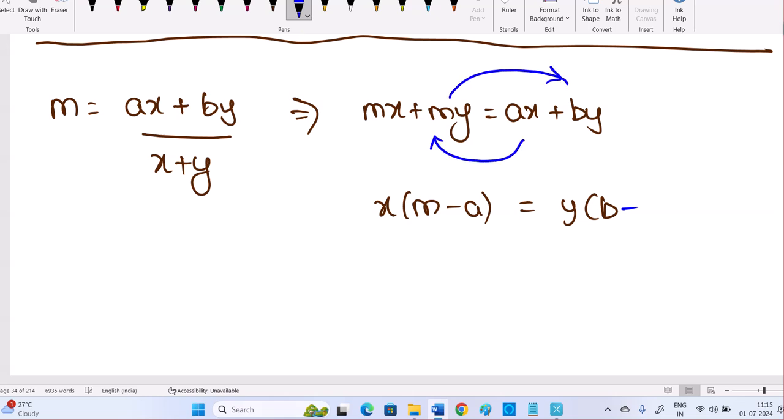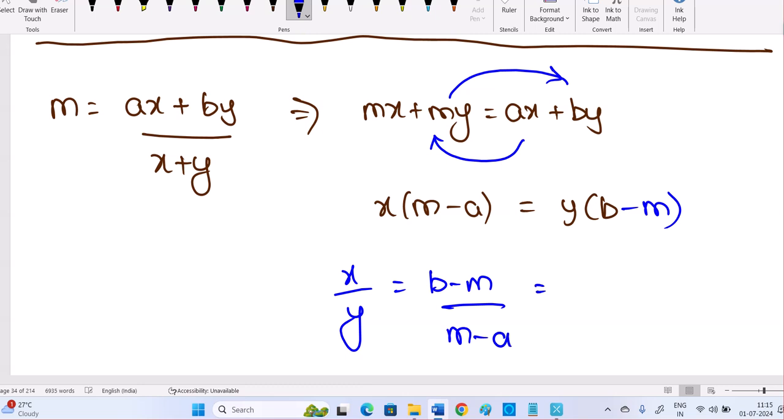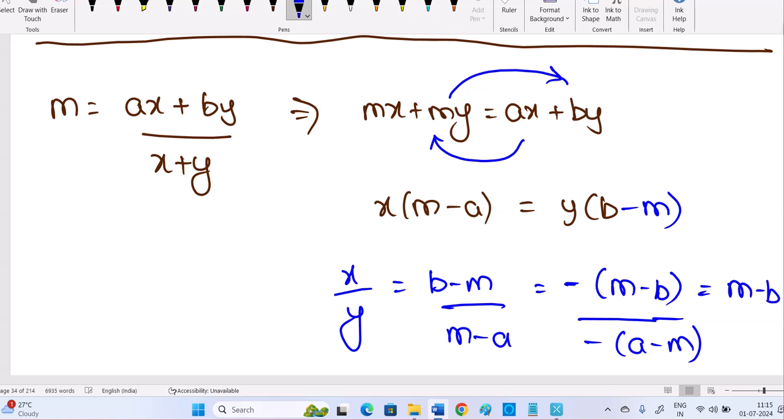So minus my will come, so minus m. Now x divided by y, this is the mixed ratio: (b minus m) divided by (m minus a). Or take the difference in the numerator, m minus b, and the difference in the denominator, a minus m, taking minus common, then it is (m minus b) by (a minus m) also.